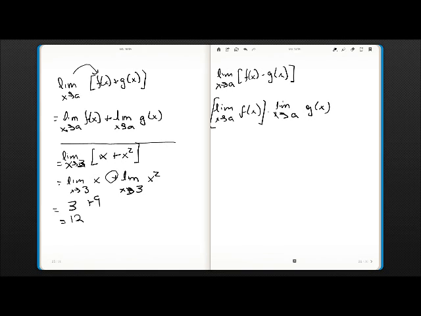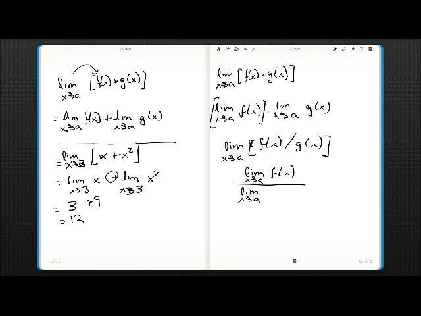And that also goes for division, but there is one restriction. The limit of f of x divided by g of x: you can split this up the same way, so it'll be the limit as x approaches a of f of x over the limit as x approaches a of g of x.